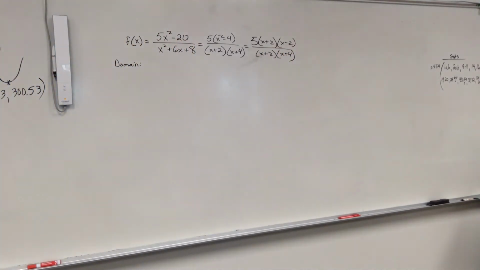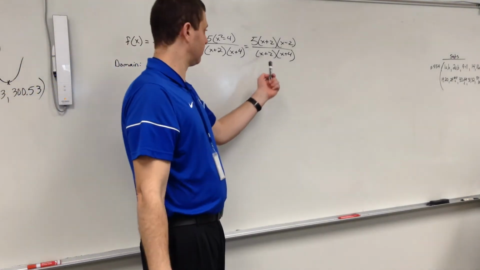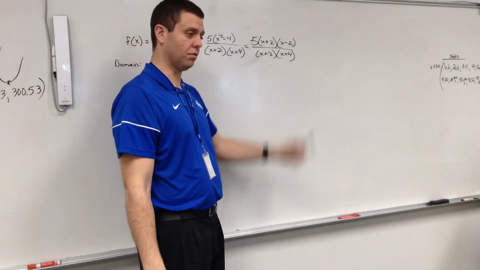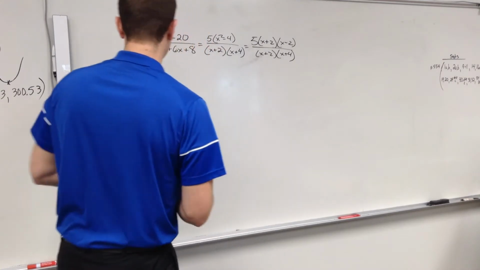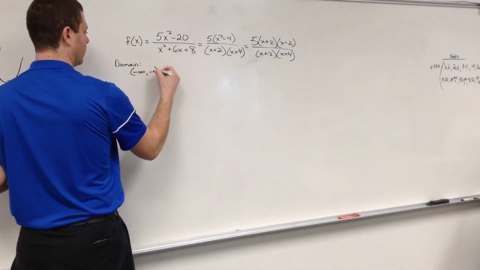Now looking at that, I can tell you what numbers are not in my domain. Negative 2 and negative 4. So my domain is every number except negative 2 and negative 4.